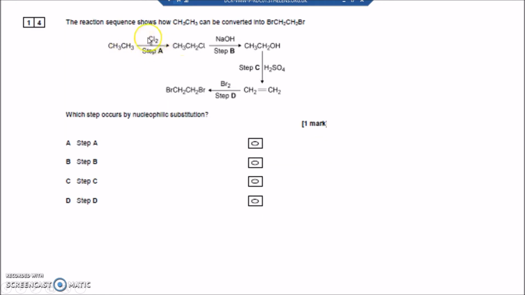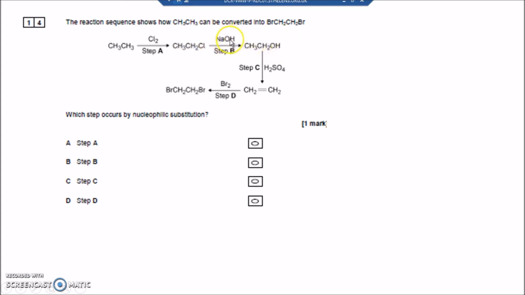Question number 14, let's have a look what's happening here. We've got ethane forming chloroethane via free radical reaction involving ultraviolet light and chlorine. Then we've got nucleophilic substitution as the OH bonds to the C of the CH2, that polar bond, and releases Cl minus and substitutes.